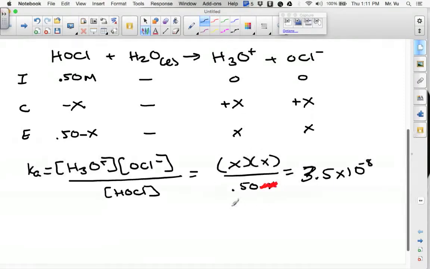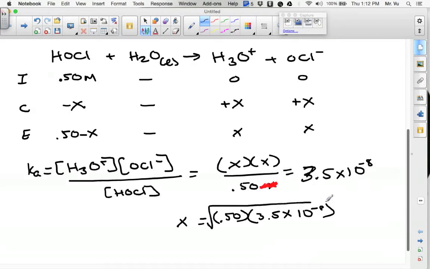I'm going to take 0.50 and multiply that by 3.5 times 10 to the negative 8. Then I'm going to take the square root of that because I have x squared, and that should give me the value for x. After doing all that work in the calculator, I should get 1.3 times 10 to the negative 4. So that's the value for x.